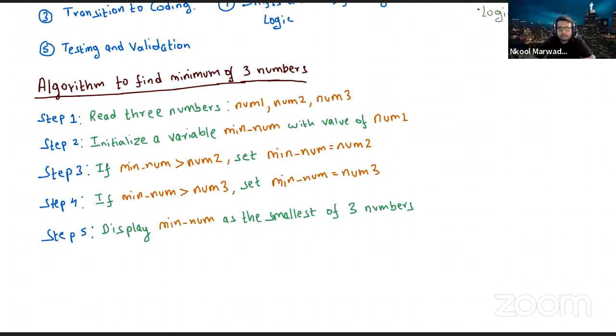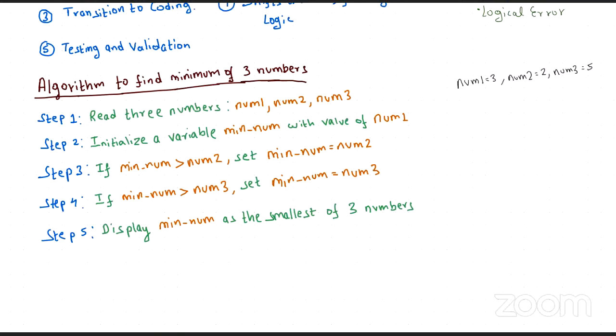Three numbers here: three, two, and five.